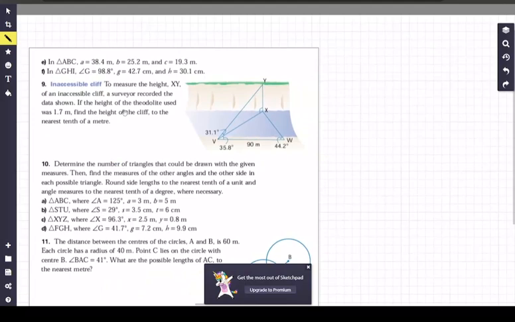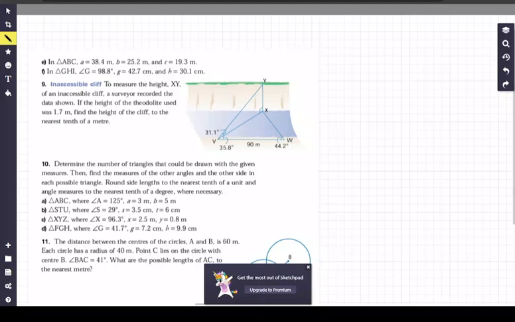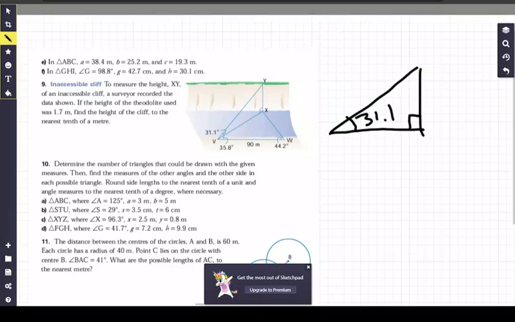We want to find x, y, right? So I'm going to break these two triangles apart. This angle was 31.1, and then the other triangle has 35.8 and 44.2.